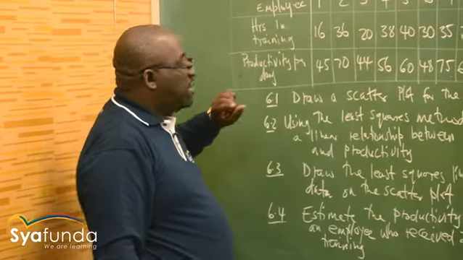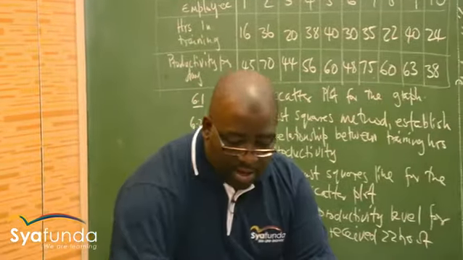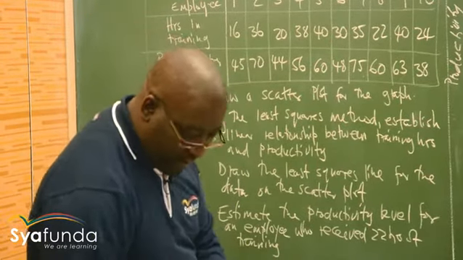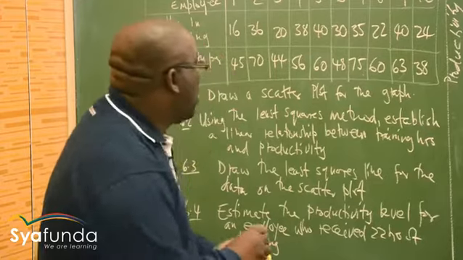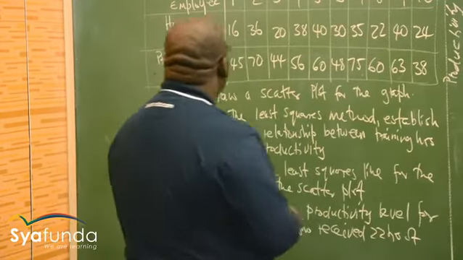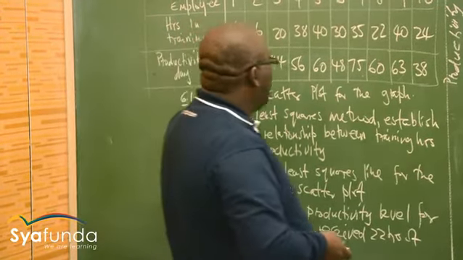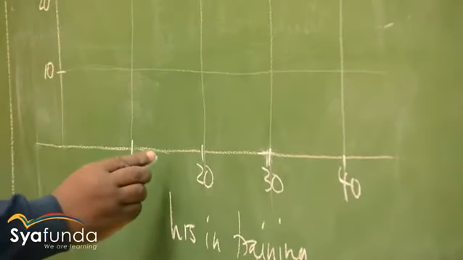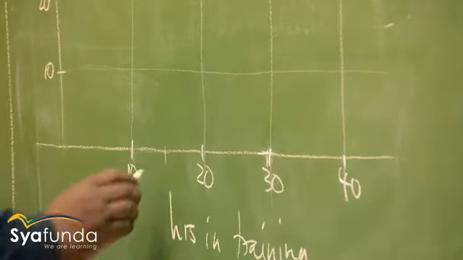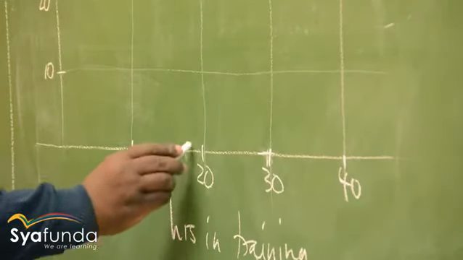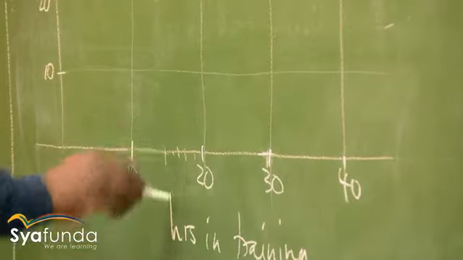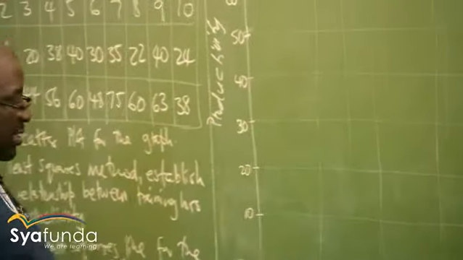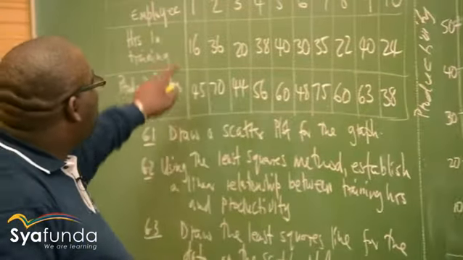Let's plot these points. The first point is 16 and 45. X is 16, Y is 45. This is where 20 is, so 16, 17, 18, 19 will be somewhere in between. This is roughly where 16 is. 16 goes in conjunction with 45.